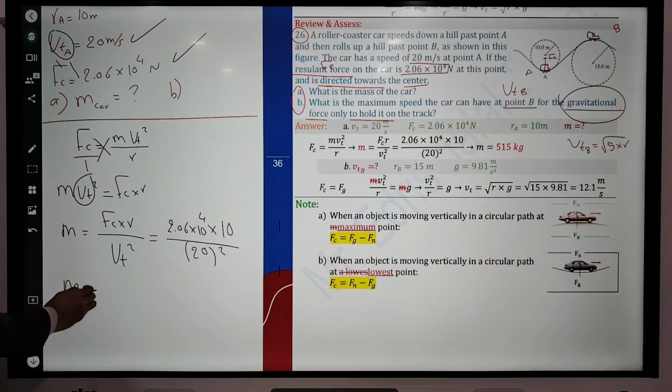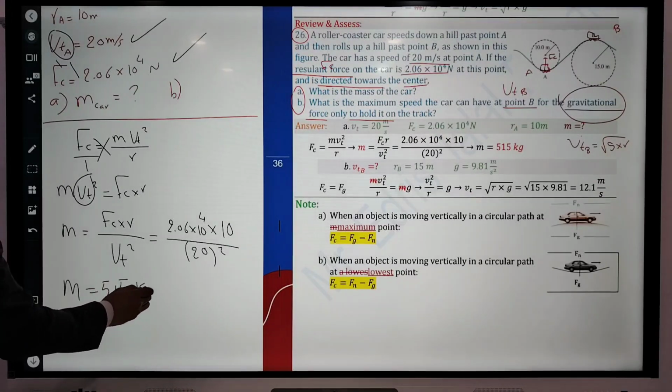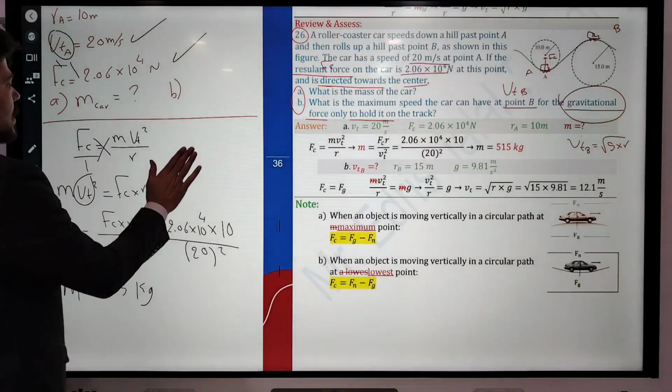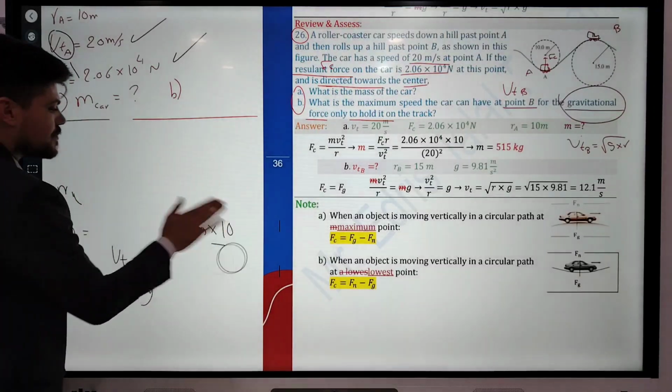By calculator, the mass is equal to 515 kilograms. So you can solve branch A this way. It's too easy.